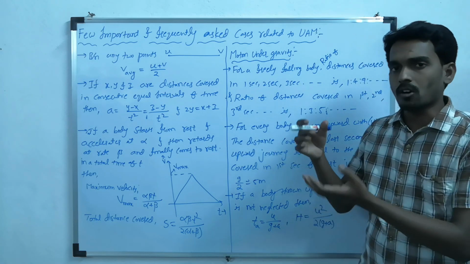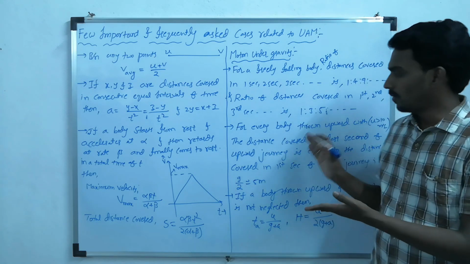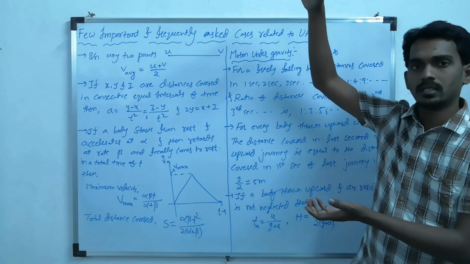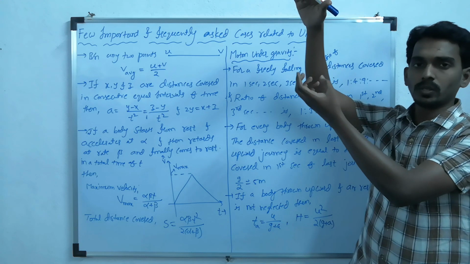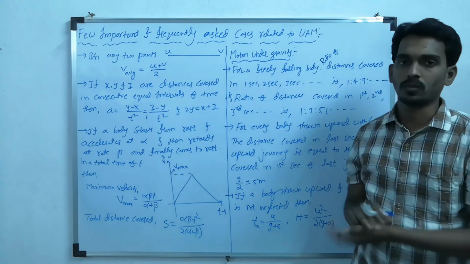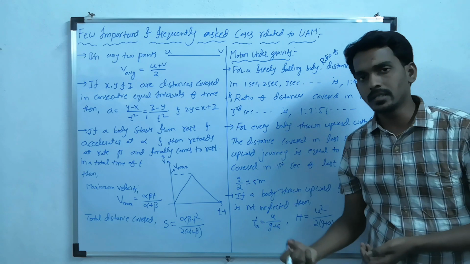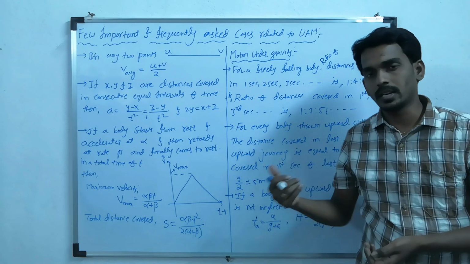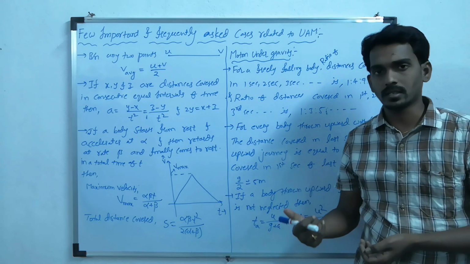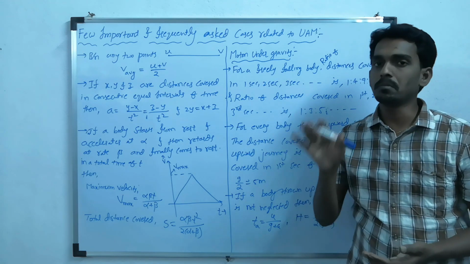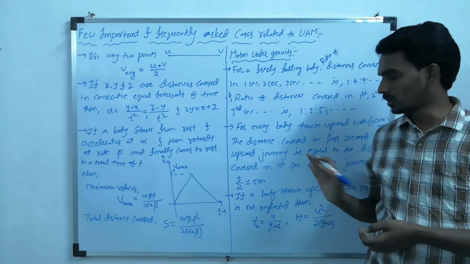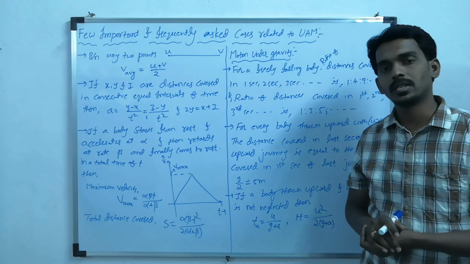As air resistance always opposes the motion, when the body is going upward, the acceleration due to air resistance is downward. So g is already there, and some acceleration, let's say a, due to air resistance is also downward. So what is the net acceleration? g plus a.